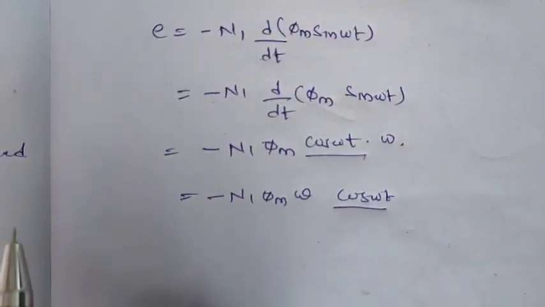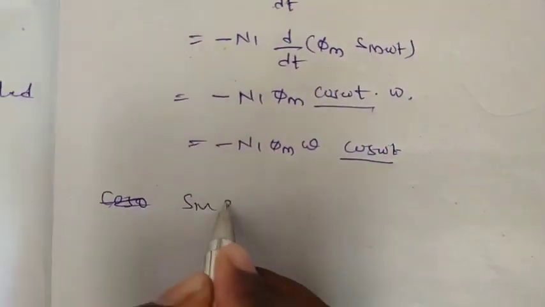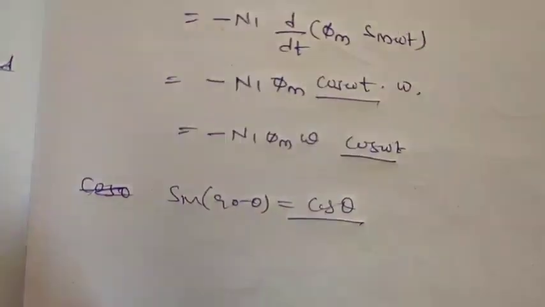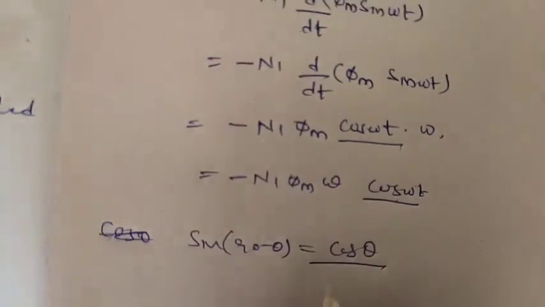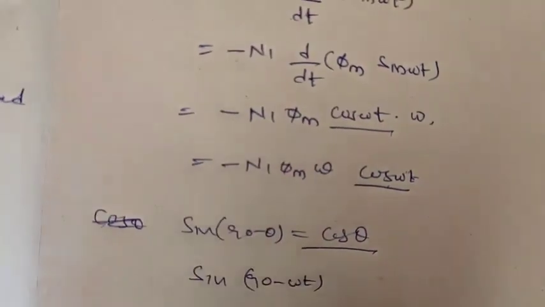This cos omega t can be replaced, since sin(90 minus theta) equals cos theta, with sin(90 minus omega t).